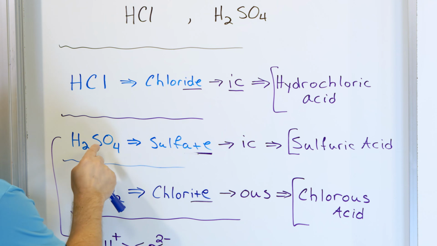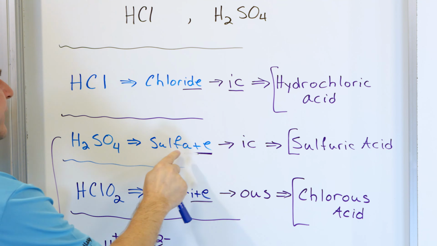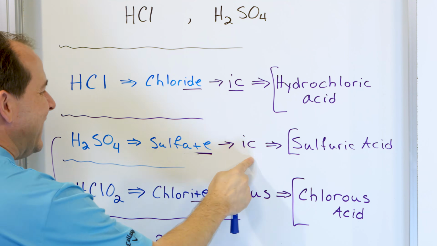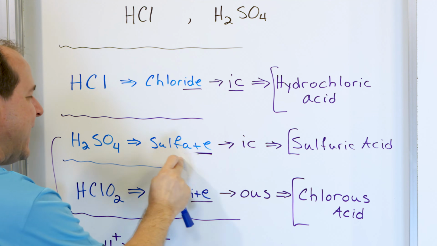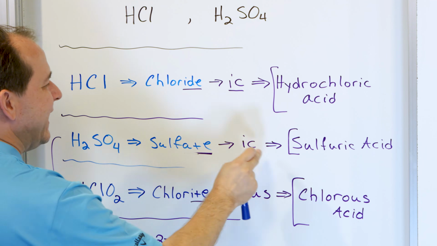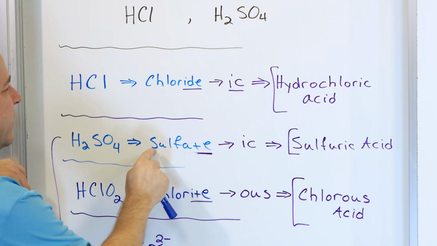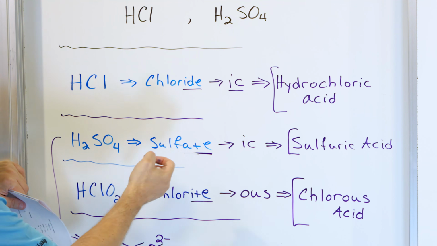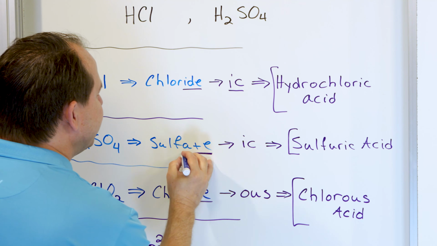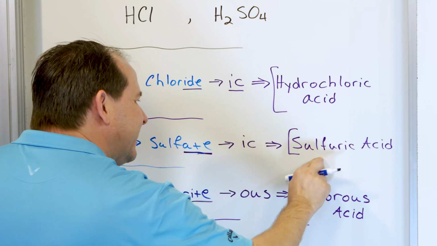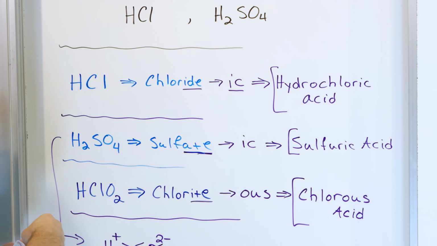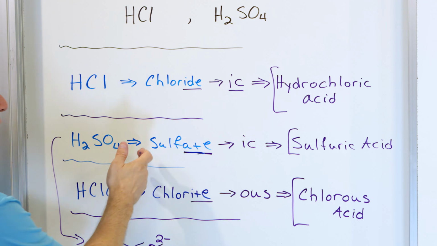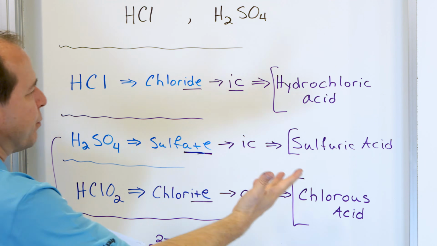And then you have where the anion is an ATE, so sulfate. It turns into an ic, and you don't do a hydro anything, it's just named based on the ion, sulfuric acid. Now again, sulfate, if you just put ic here, it would be like sulfic acid. So it's a little bit not bulletproof, because if you do a straight substitution, it doesn't give you exactly what you have here, but you're just going to have to understand that these rules are not a computer program, okay?